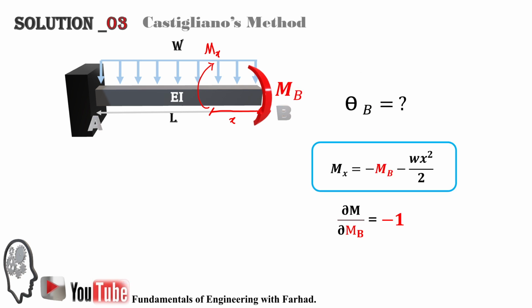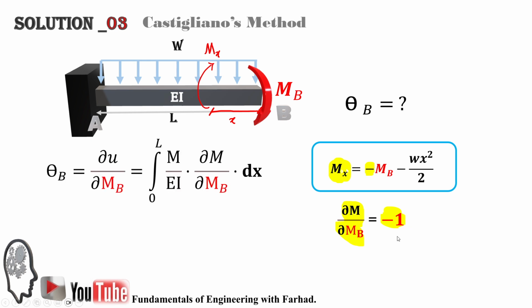And then as soon as we have our mx, we can easily go for the partial m over partial mb. This is our m, and partial m over partial mb is just a negative 1. As you can see here, that's only negative 1. Partial m over partial mb is just the number negative 1.